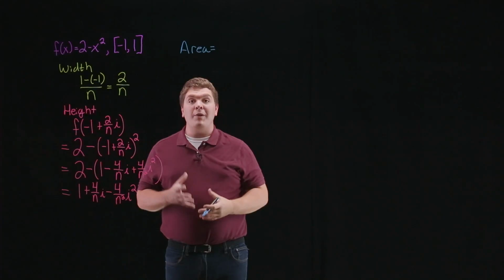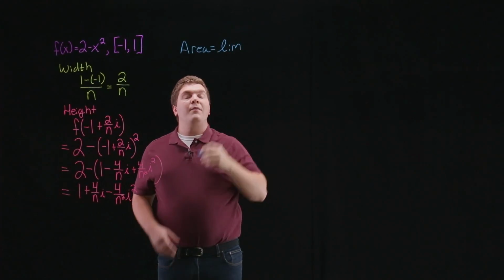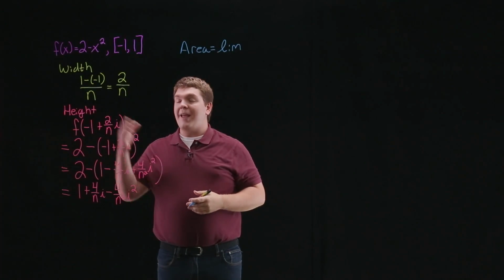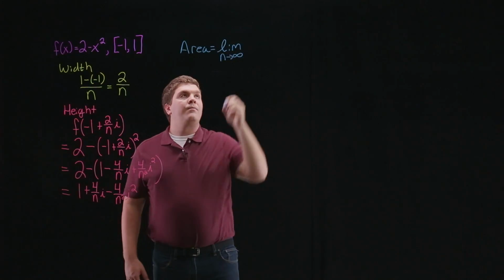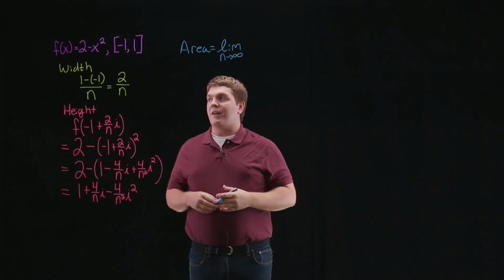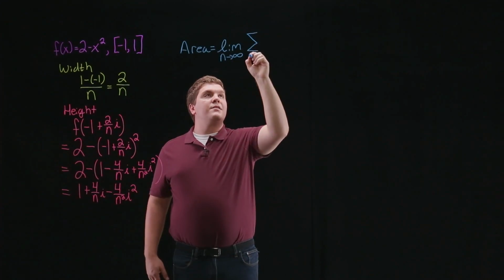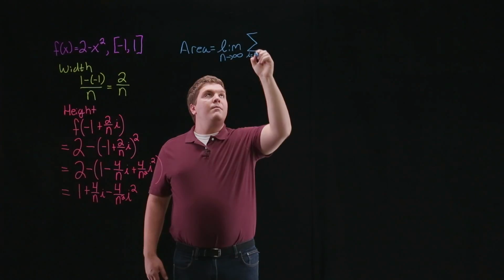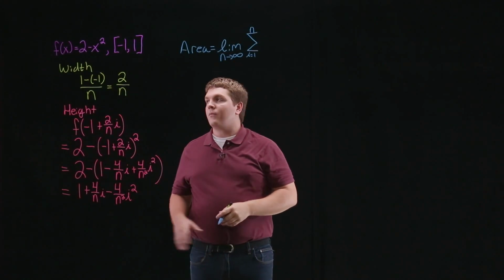So the area is going to be given by a limit. We'll be looking for the limit as the number of rectangles, n, approaches infinity. And we'll be summing the areas of all of these rectangles. So it's going to be the sum from i equals 1, the first rectangle, up to the nth rectangle.